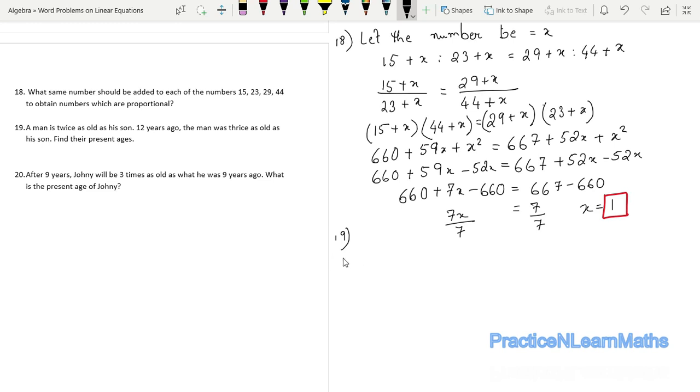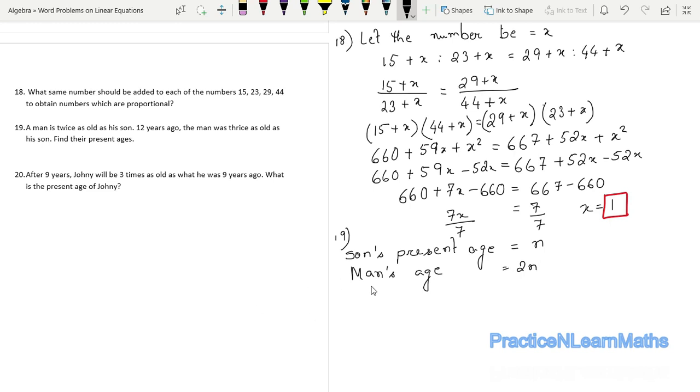Let the present age of the son be n years. The man is twice as old, so the man's present age is equal to 2n.